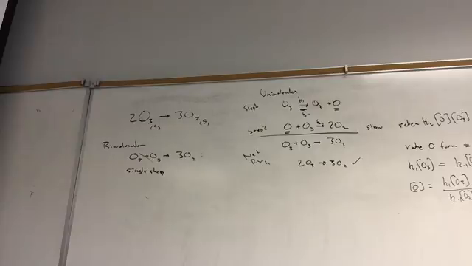And so, we'll just multiply that throughout here. We'll call K2 times K1 K prime. So this is going to be ozone squared over K minus 1 O2 plus K2 O3.